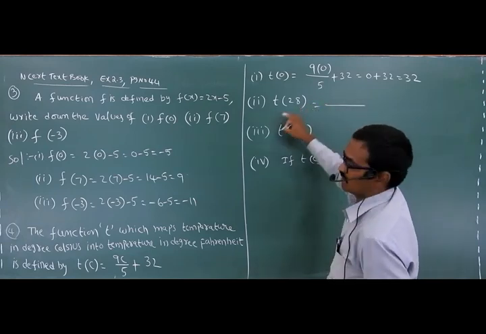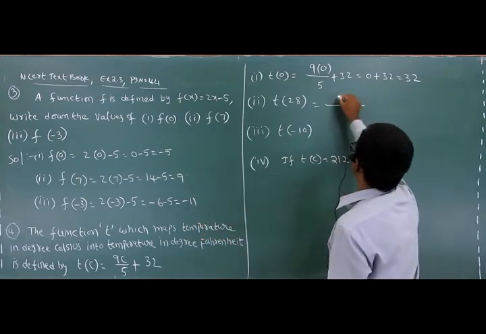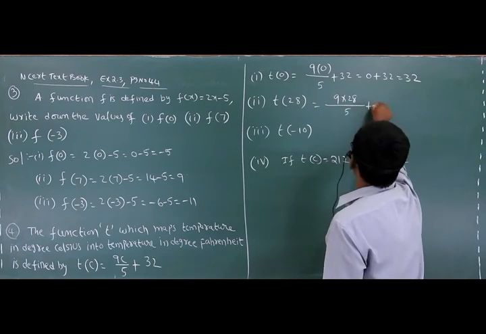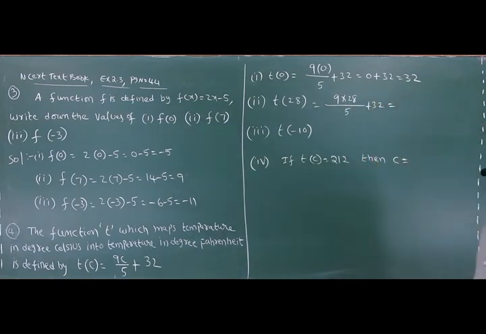Second one, put c value 28. That is the formula. There put c is equal to 28. 9 into 28 by 5 plus 32. That is equal to, simplify that one, 9 into 28 divided by 5.